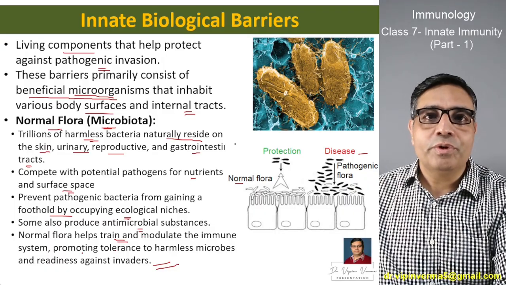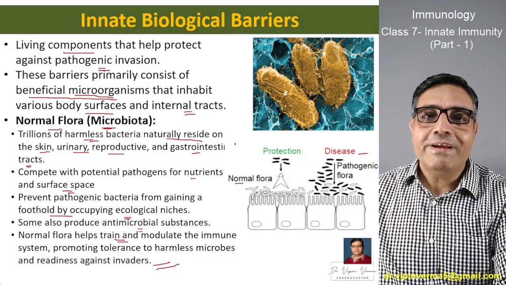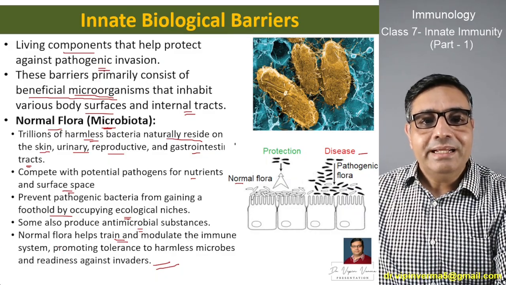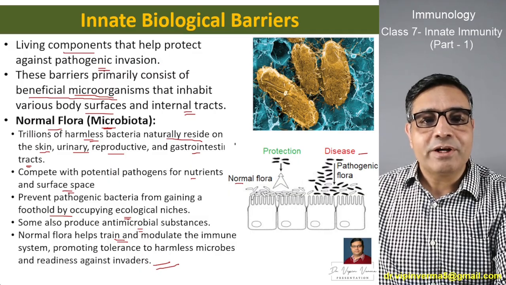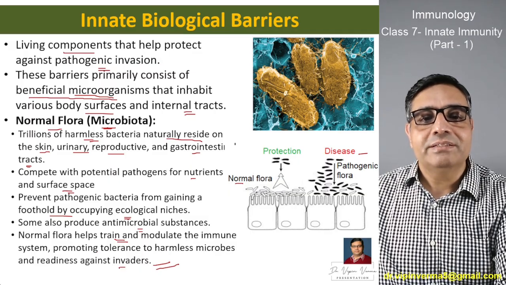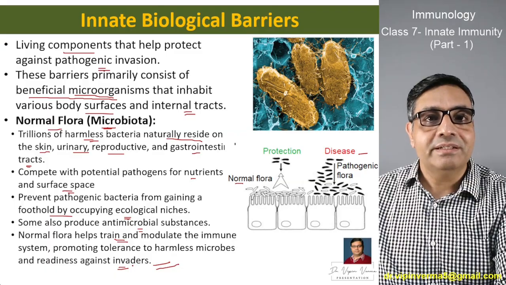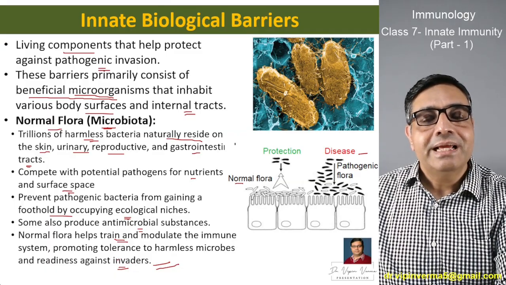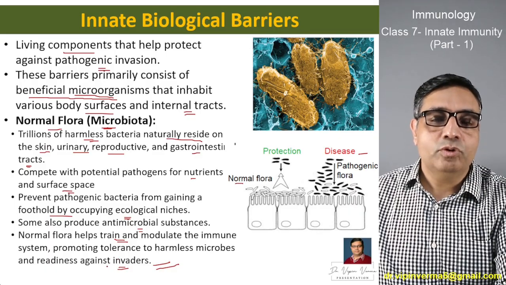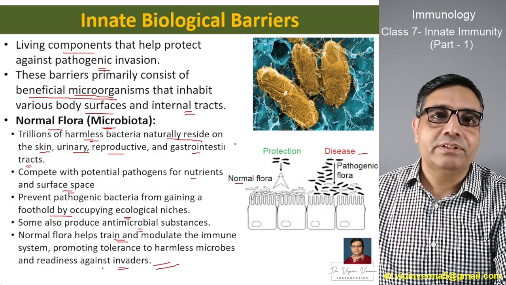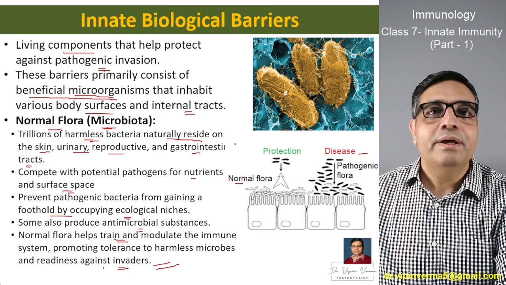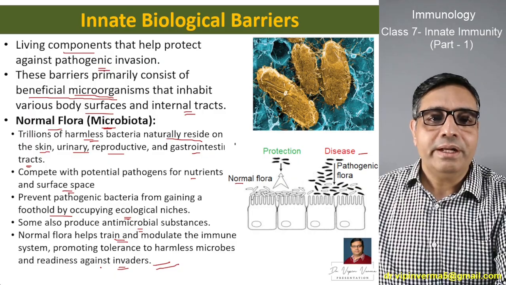So it is not going to give an immune response, rather tolerance comes there. And it promotes tolerance to harmless microbes and readiness against invaders. So in case there are some invaders, then our immune system can easily detect and start responding. That is the ability of our immune system, which can recognize between the harmless and the harmful bacteria.